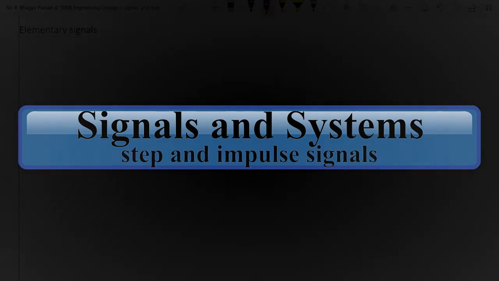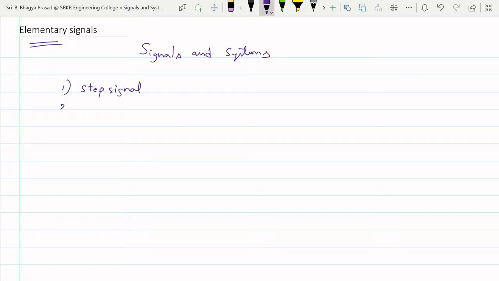The elementary concepts, or the basic concepts, of signals and systems. In that, first we discuss the elementary signals, which are some signals like the first one, the step signal, and second one, the impulse.